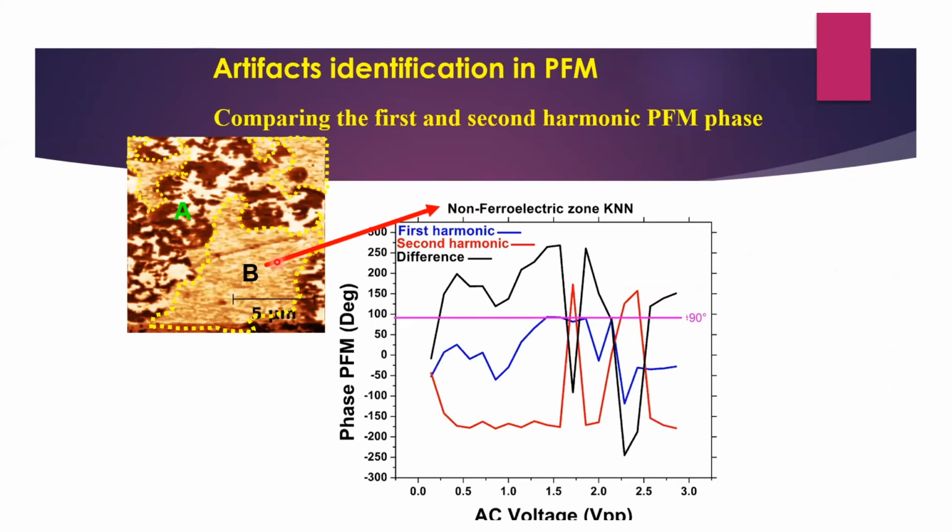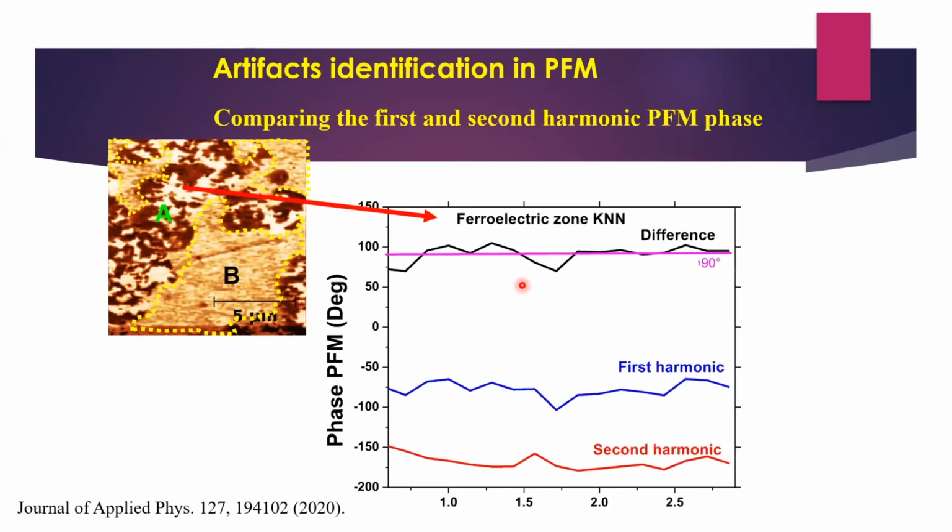And in the non-ferroelectric zone, we can see that the difference of first and second harmonic in phase is not 90 degrees, it is the black line. And in region A, we can see that the difference between the first and the second harmonic is more or less 90 degrees.